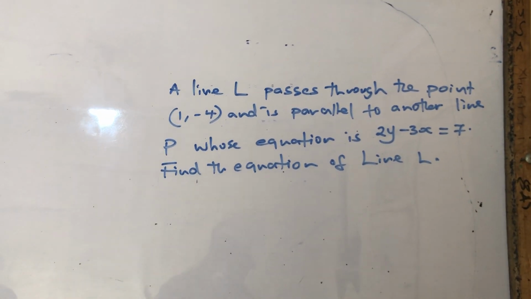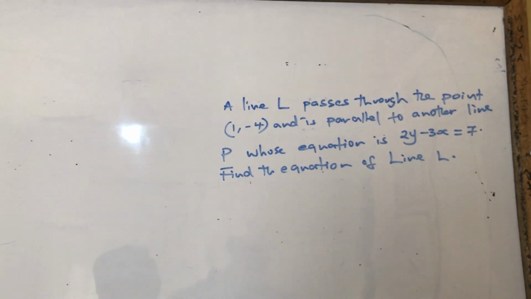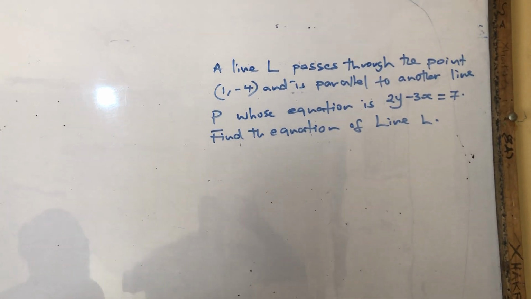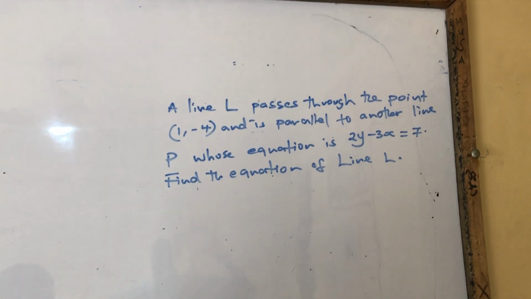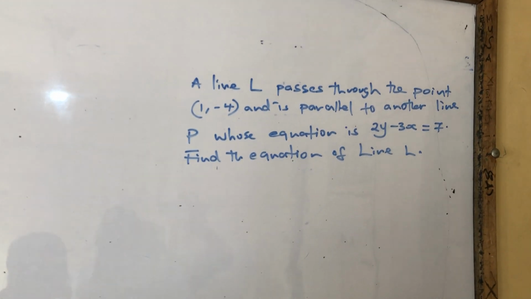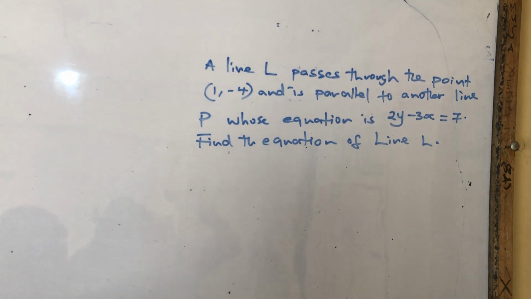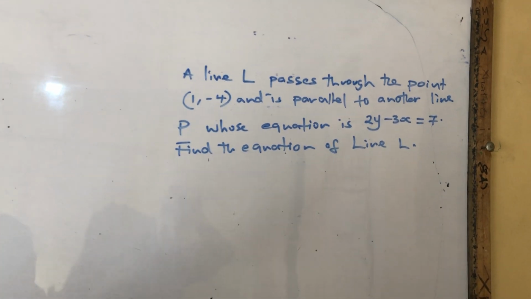How do we go about this one? A line L passes through the point (1, negative 4) and is parallel to another line P whose equation is 2y minus 3x is equal to 7.